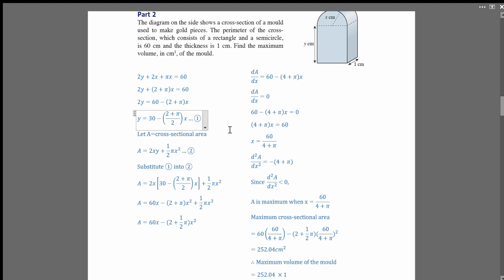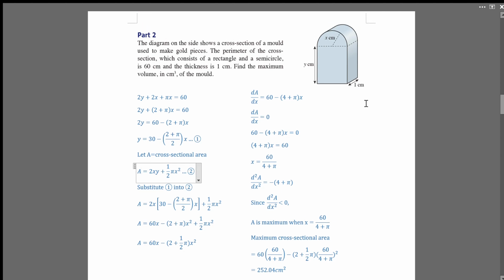The next step is to find the equation of the area of the cross section. It is 2xy plus 1 over 2 pi x squared, which is the area of the rectangle plus the area of the semicircle.